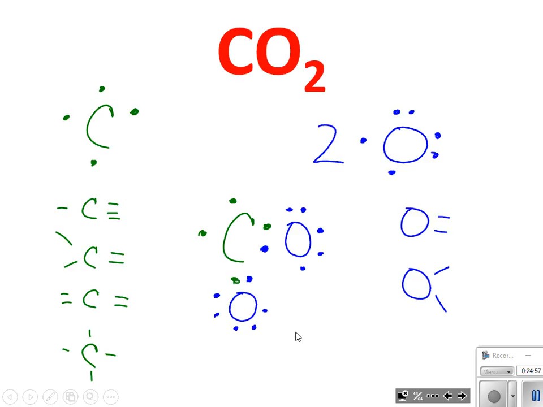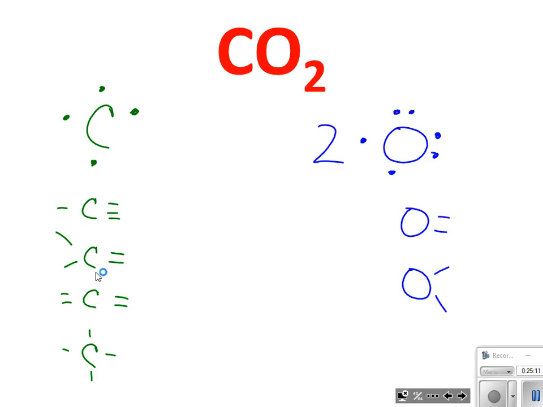Now, if I look at a different one, right here, this one, is this one going to work for carbon and oxygen? Think about it. Will that work for carbon and oxygen? Could I double bond here?